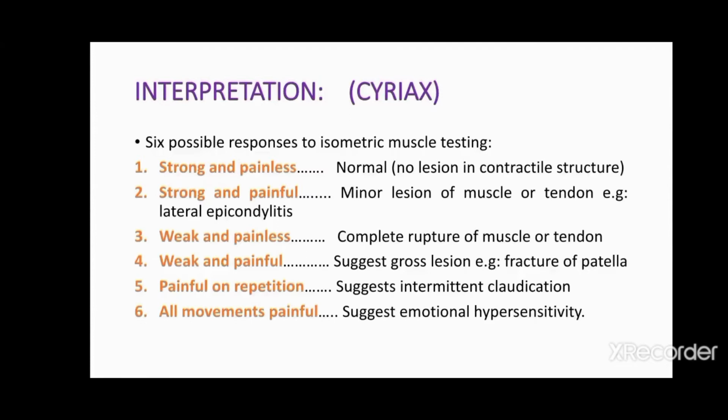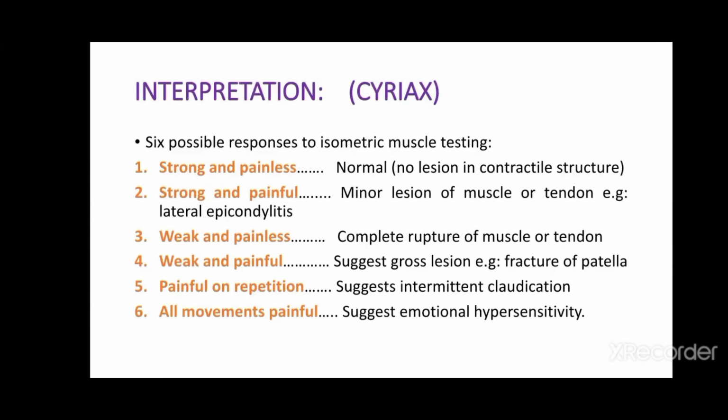The patient will tell you about the pain, but the patient will not tell you about the contraction in the muscle. A therapist or the doctor should be very attentive to assess whether the contractions in the muscles are weak or strong.